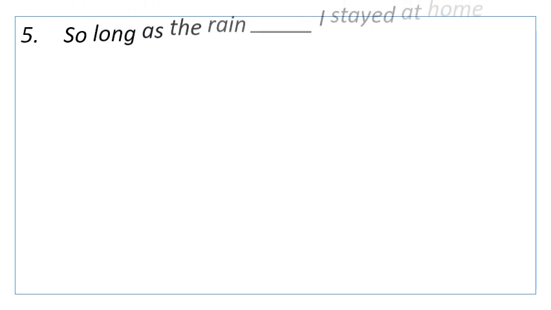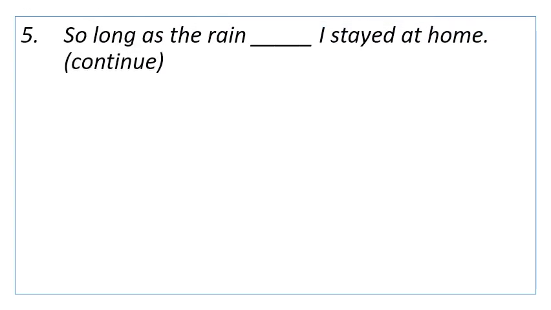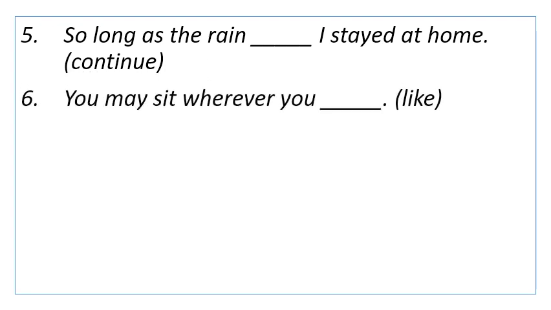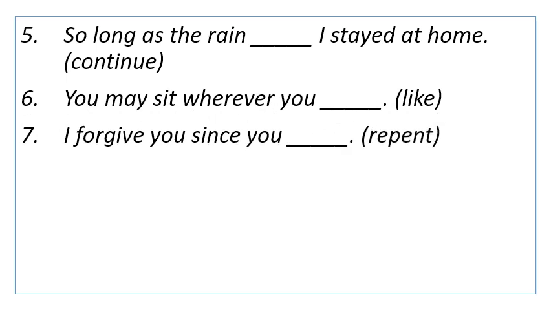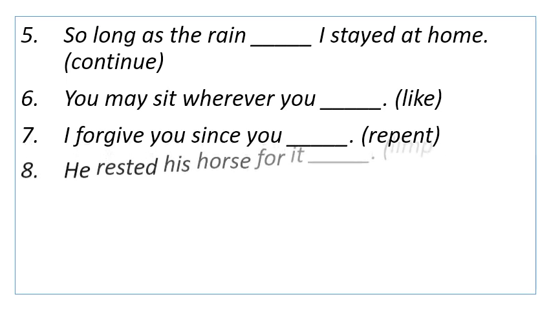Number 5. So long as the train continued, I stayed at home. Clue is continue. Number 6. You may sit wherever you like. Clue is like. Number 7. I forgive you since you repent. Clue is repent. Number 8.